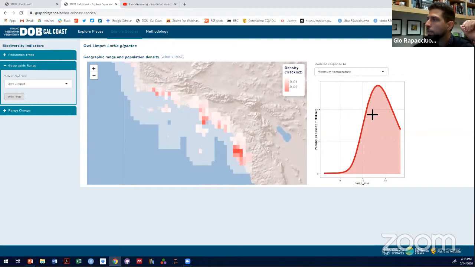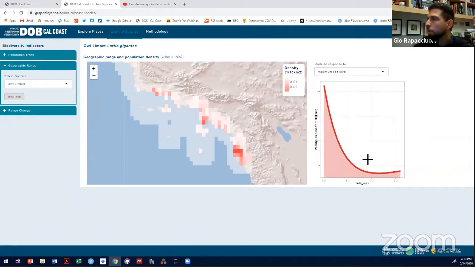And you can see that here we have a different output from the model that shows you how population density on the y-axis changes with some of the physical parameters that are included in the model. In this case, temperature minimum, but you can also look at median salinity, bathymetry, and maximum sea level.